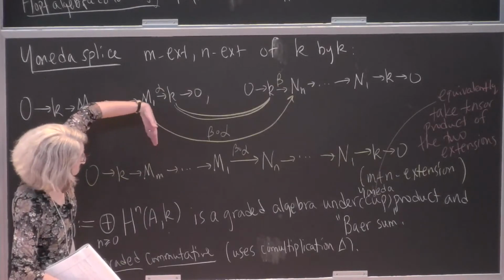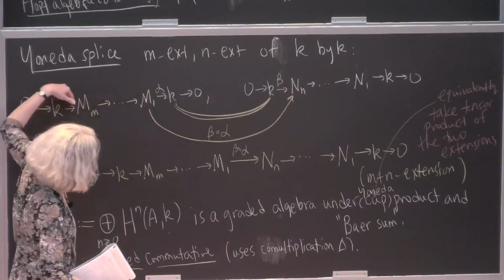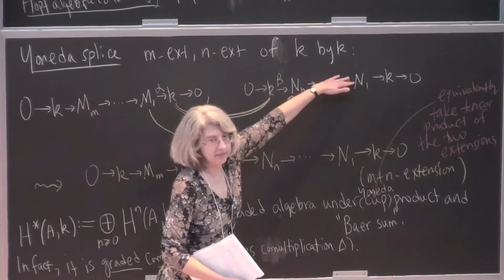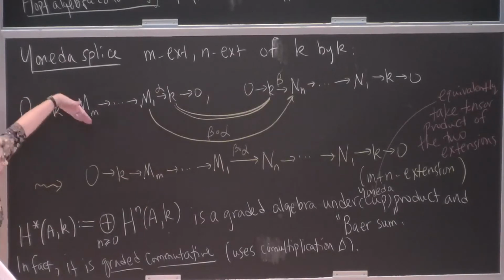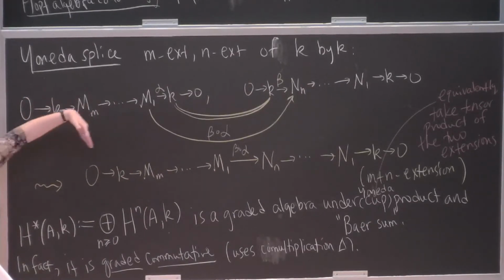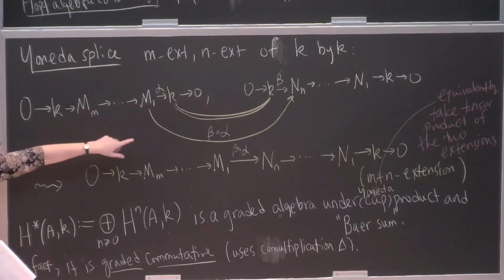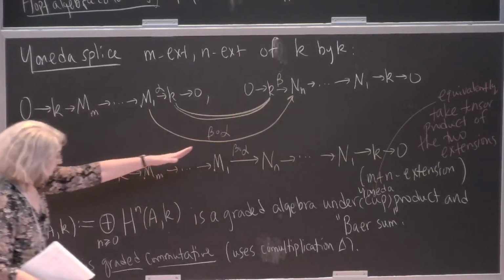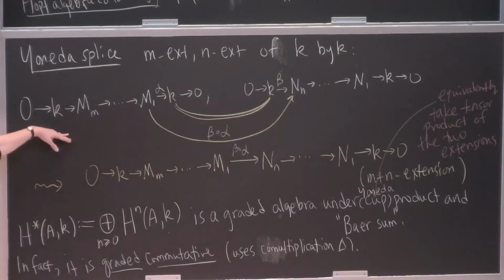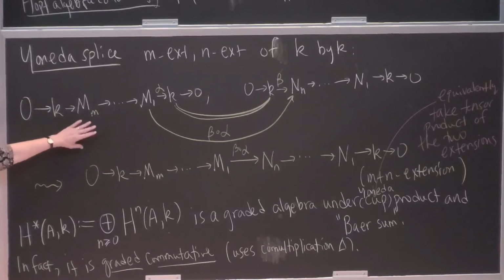Then take the tensor product of each object in this sequence with each object in that sequence, and take what's called the total complex, adding up in degrees. Each one of these has a degree. For a fixed degree, you add up all of the modules, and you get a new exact sequence. So that's a second way to define the product.